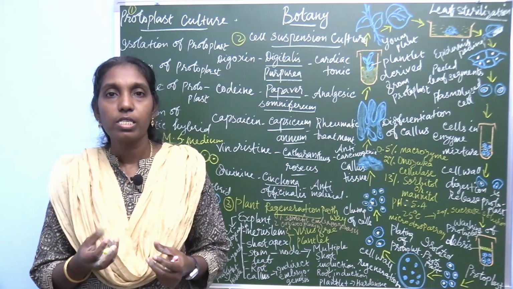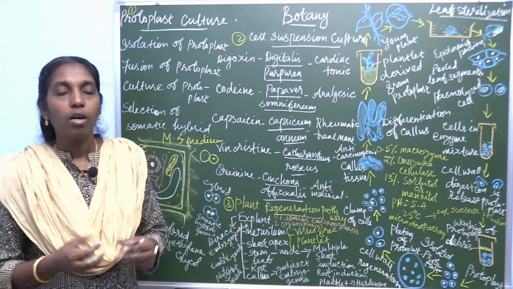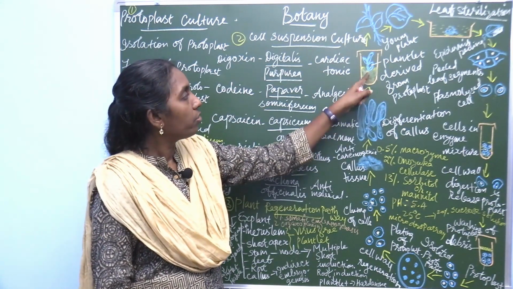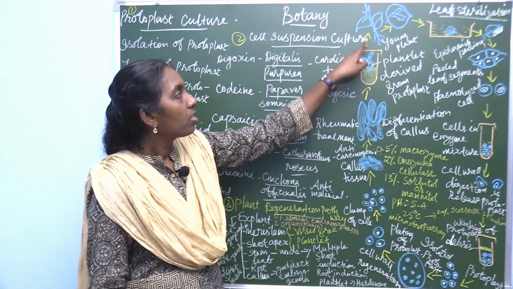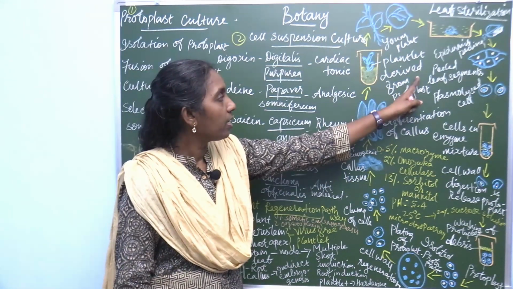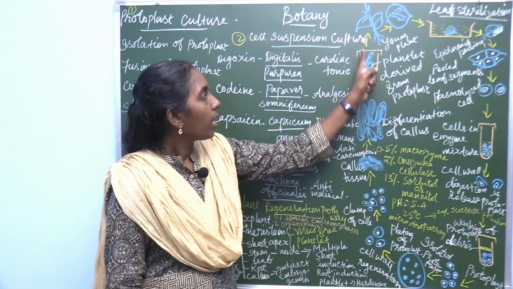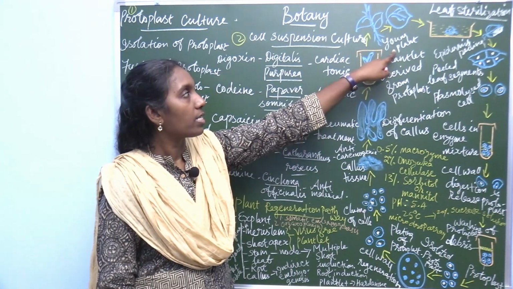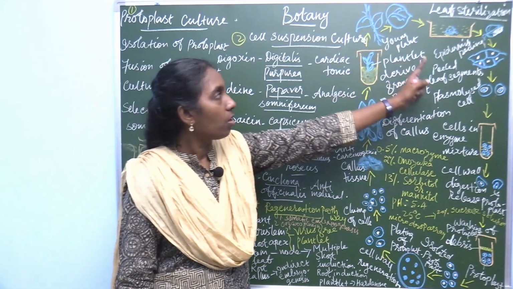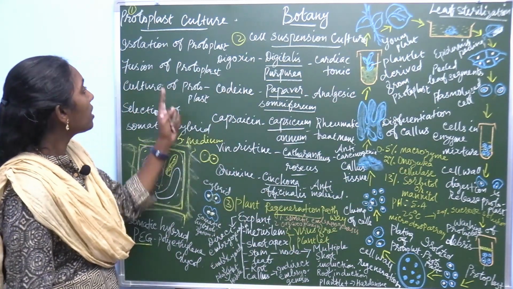Now a somatic embryo or embryoid is developed, and from organogenesis the plantlet is developed. It develops as a young plant. This plantlet derived from protoplast grows as a young plant after hardening. So this is the process of protoplast fusion.